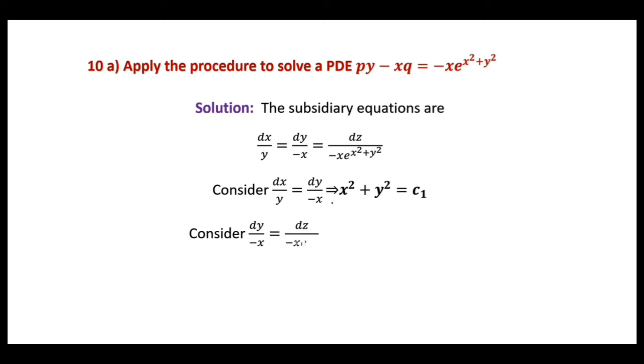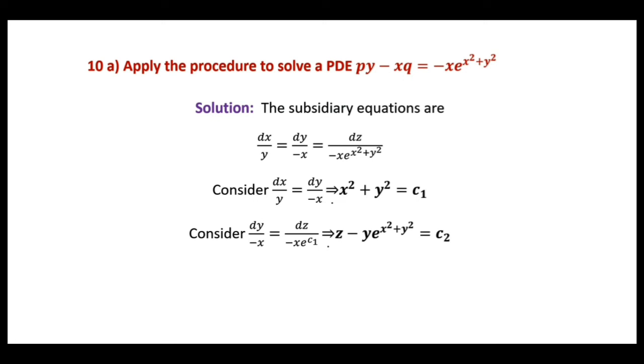The next one is we consider the second and third ratios. dy/(−x) = dz/(−x e^...). Already we have seen that the relation x² + y² = c1. Utilize it on simplification. So we have eliminated the first variable x here, −x cancelled.